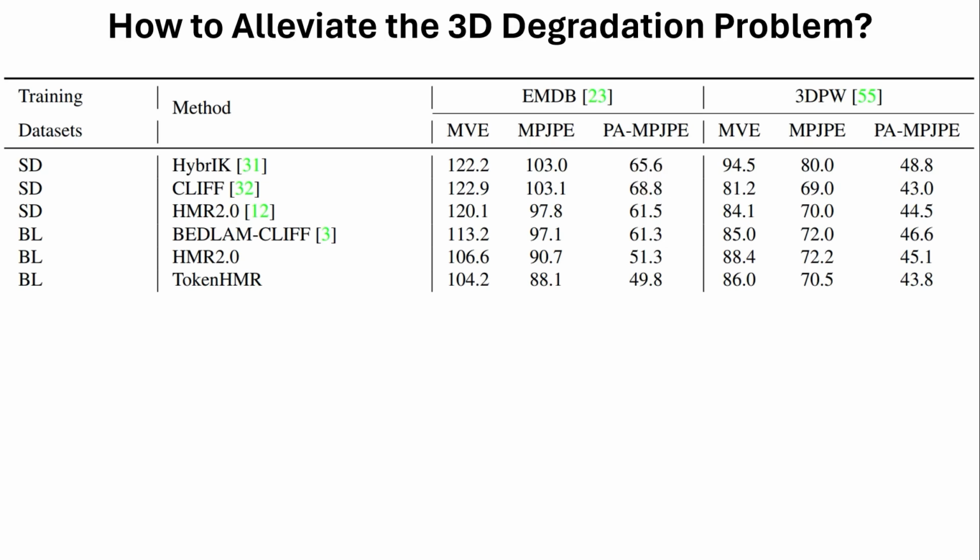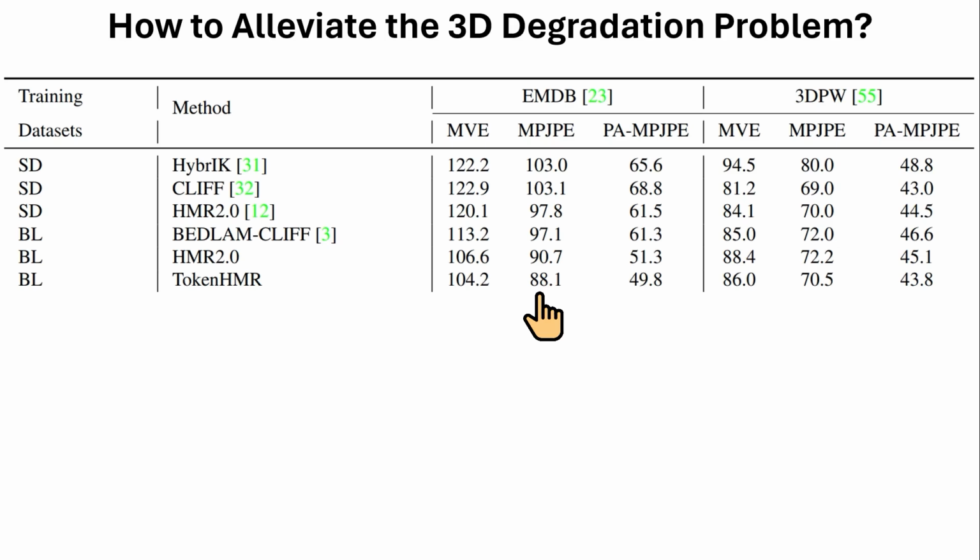And as you can see, TokenHMR should behave better, right? Because that's what the paper is about. But look at the difference between the third row and the fifth row, both of them HMR2. The first one is using some real datasets, which are actually recorded with a camera and have a noisy camera model, but the other one is Bedlam with a perfect camera model.